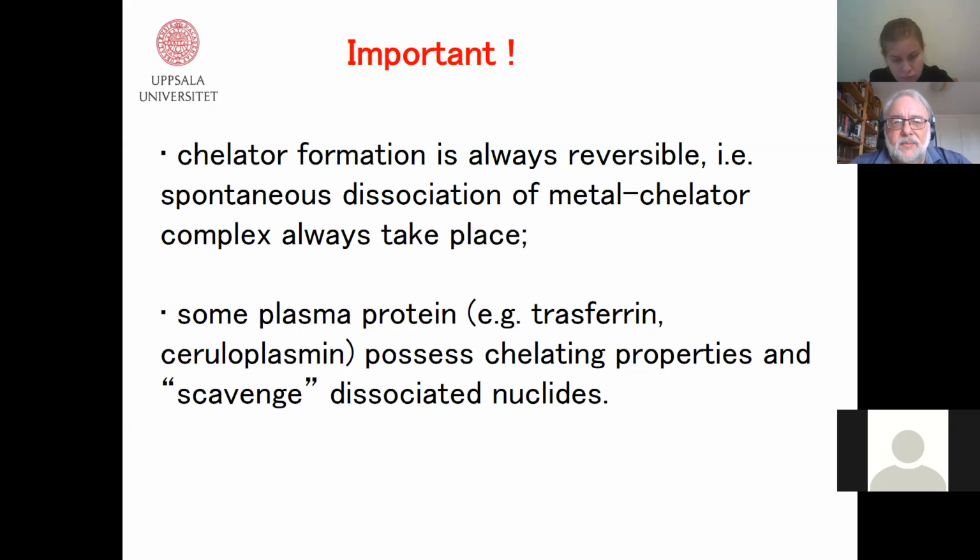And that would be fine, but we have in vivo plenty of proteins which also possess metal chelating properties. For example, transferrin is a blood protein which has a function of transfer of iron from one side to another, and it unspecifically chelates the majority of three-valent metals, some of them very strongly, for example, gallium.